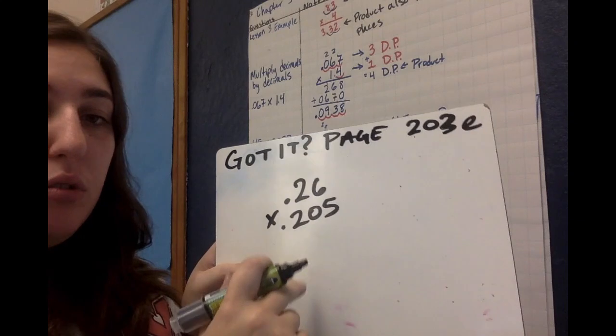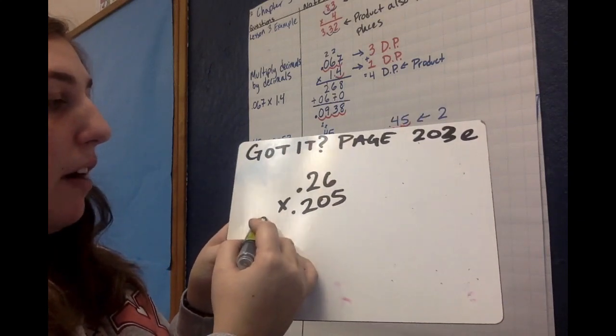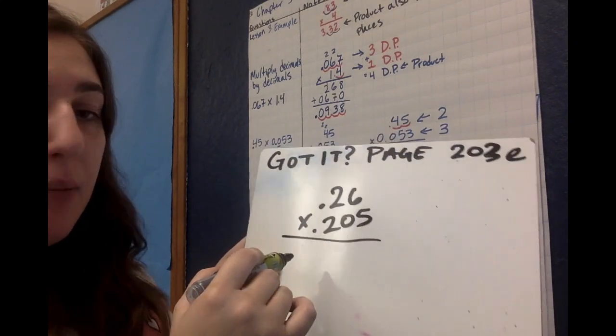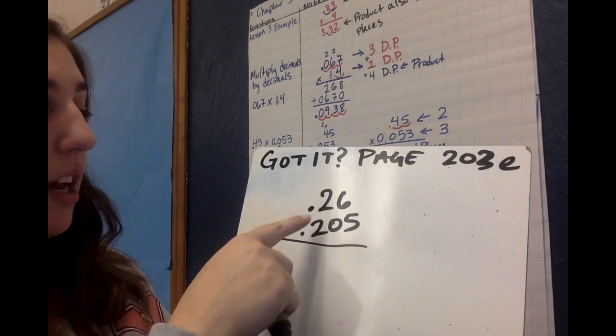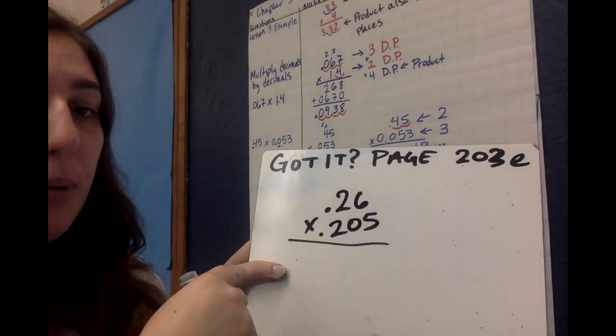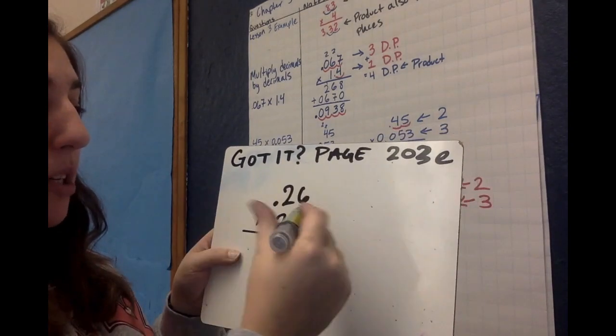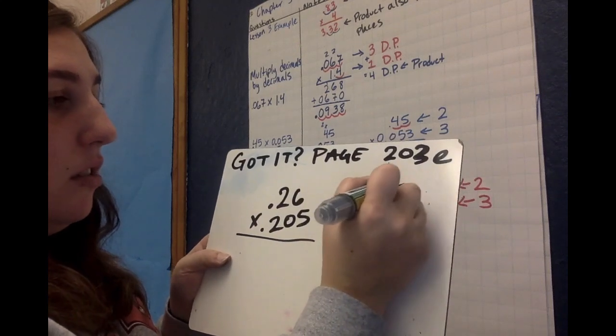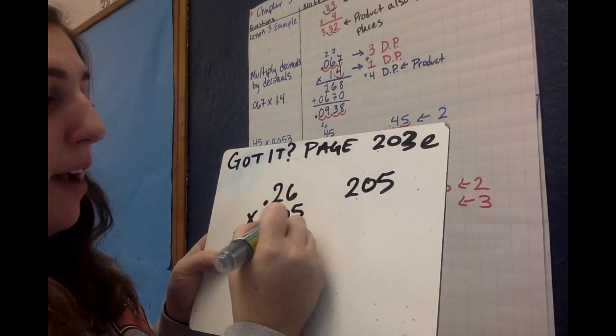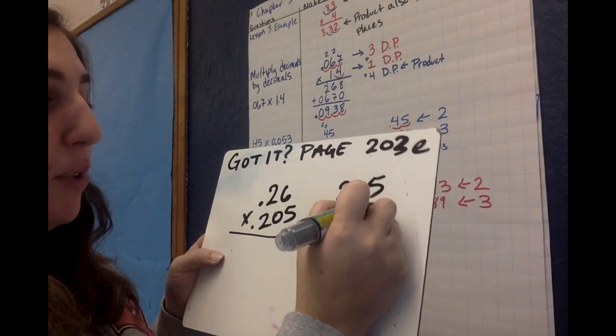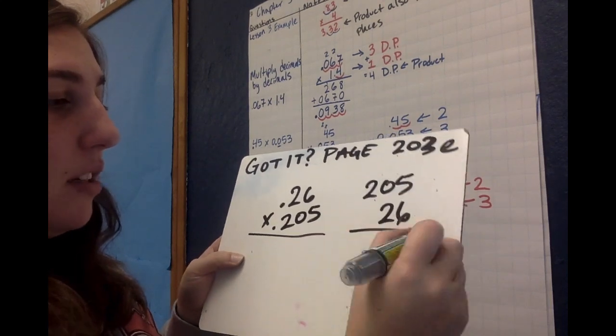0.26 times 0.205. So again, I'm going to forget that I'm actually multiplying decimals and that I'm multiplying whole numbers. So I'm going to change how this looks a little bit. So I'm going to pretend it's 205, not 0.205. I'm going to pretend it's 26, not 0.26.